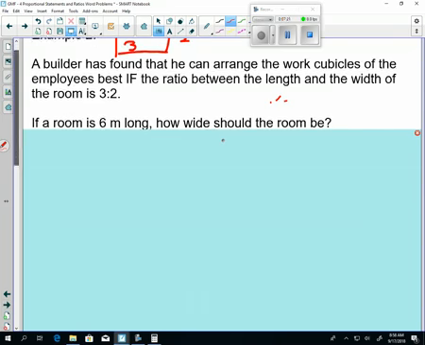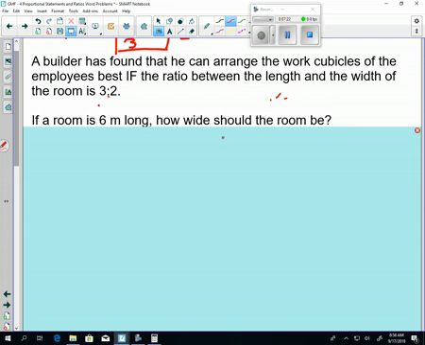Well, again, we have a ratio, 3 to 2. It tells us that we can now change that to a fraction. Remember, the 3, they tell us, is the length, and the 2 is the width.